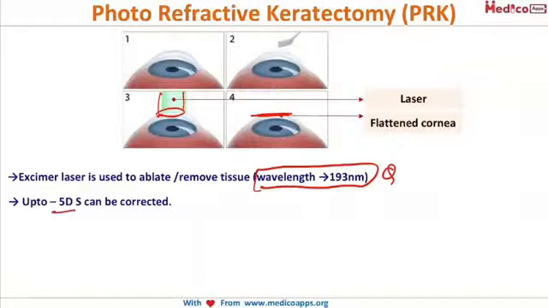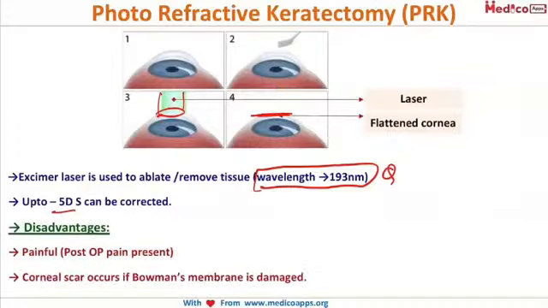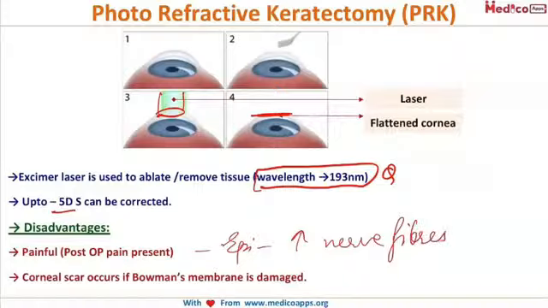However, the disadvantage of this is that it is very painful because we know that the epithelium is rich in nerve fibers. So it is a very painful condition that can last for a very long time after the surgery. Also, if you damage the Bowman's membrane, we know that it does not regenerate, so it can result in corneal scarring. These are the two drawbacks of this procedure.